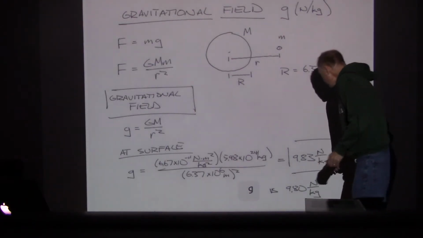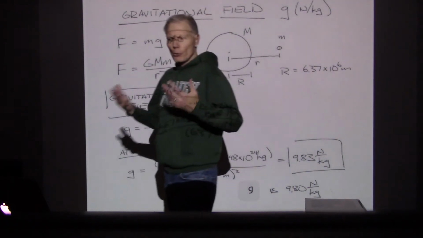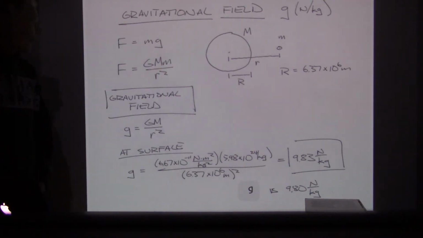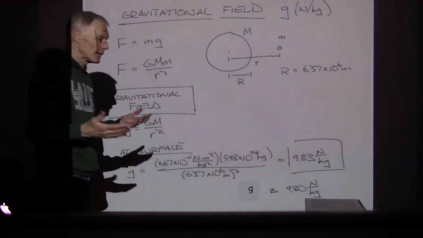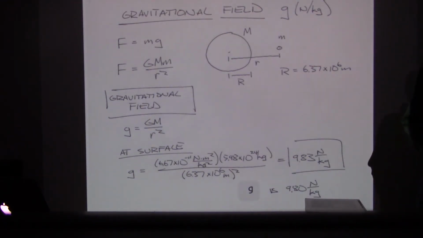Well, why are we using this 9.80 stuff if Earth's gravitational field is 9.83? And it's a rotational effect. Now, the Earth is rotating. The rotation of the Earth doesn't generate the gravity, that's not where the gravity is coming from.